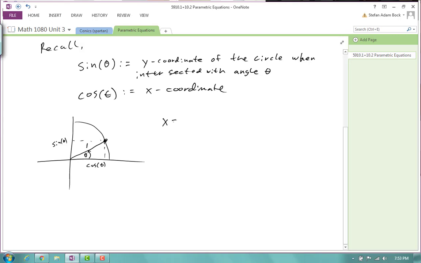I will use x equal to, my x's were sines. What? No. My x's are cosines. And my y's are sines. And if I trace out the full circle, I'm going to be using theta up to 2 pi. So these create the circle.